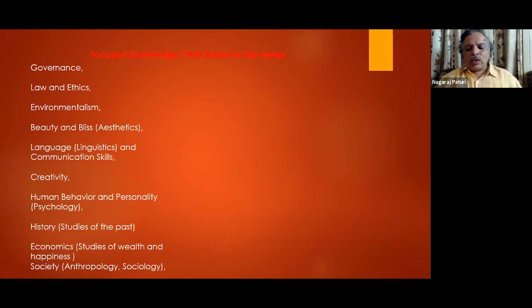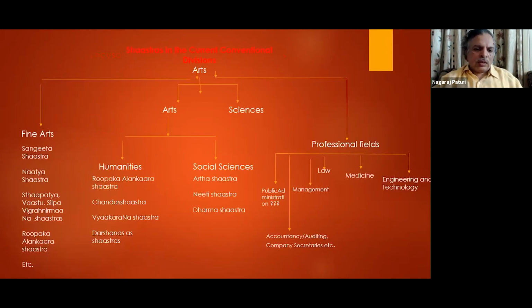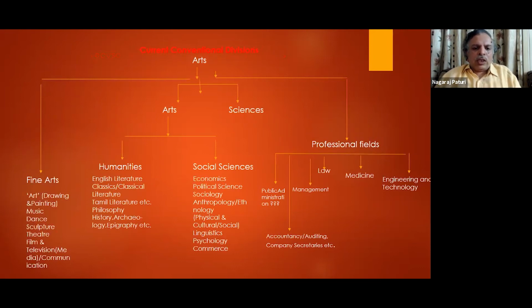All the conventional disciplinary boundaries that we see in the form of arts and sciences, the conventional divisions, fine arts, humanities, social sciences, and within that economics, anthropology, all these are gradually fading out. No longer are people interested in, say, an anthropology department or political science department as a watertight compartment.